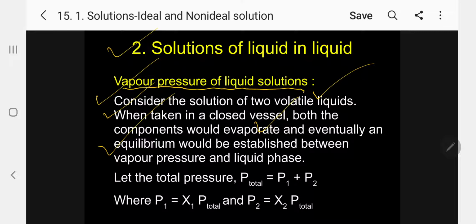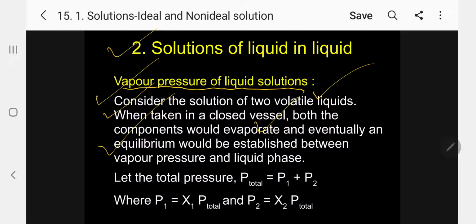Kindly follow. So we are taking liquid solutions. Whatever concentration of liquid is high, it is solvent. Whatever concentration of liquid is low, it is the solute we have to assume.